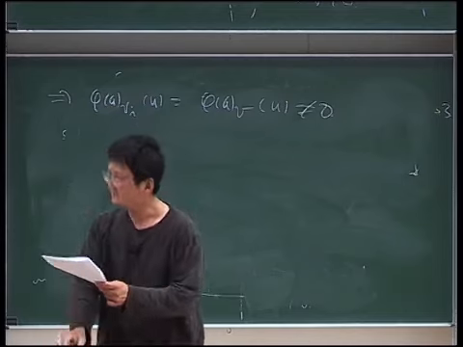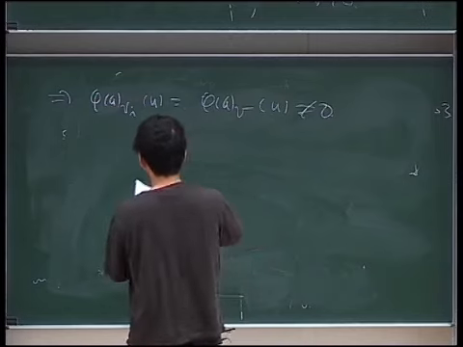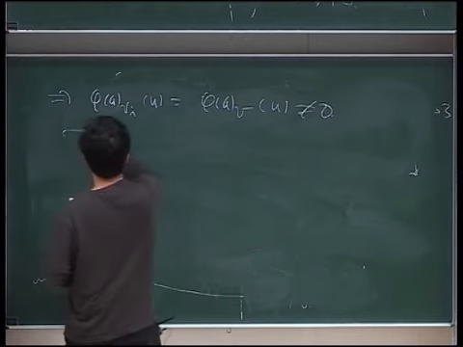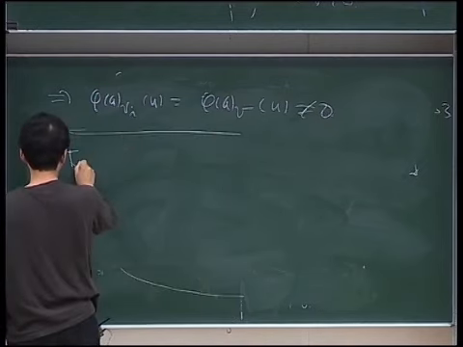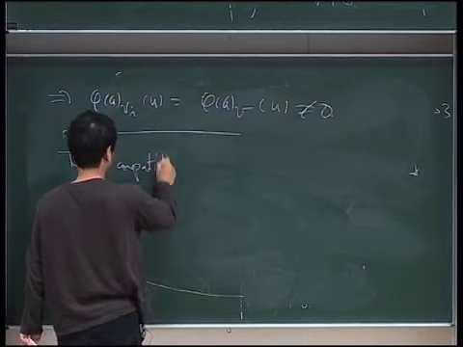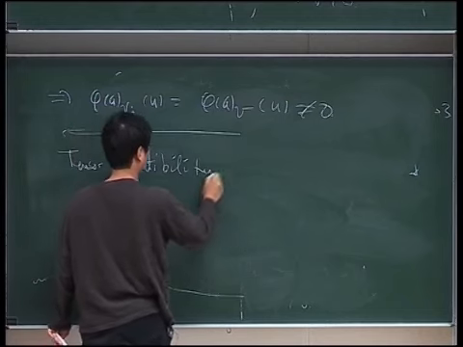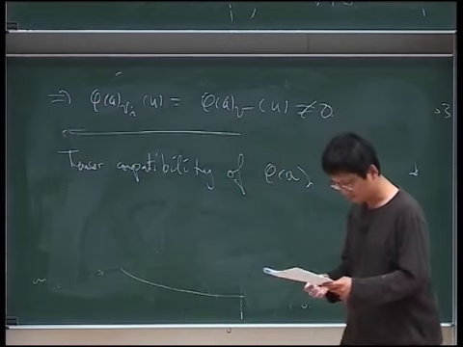Okay, now secondly, let's check the tensor compatibility of phi A. What does that mean? And now you can guess at this point.